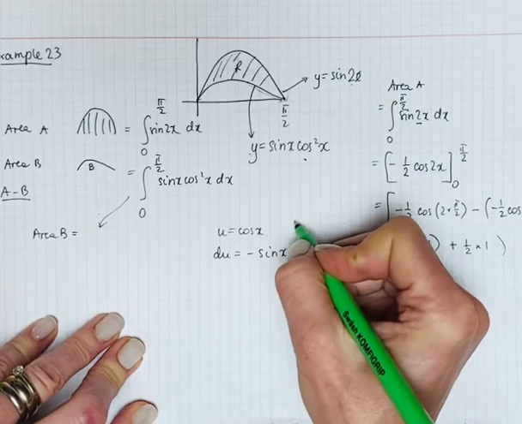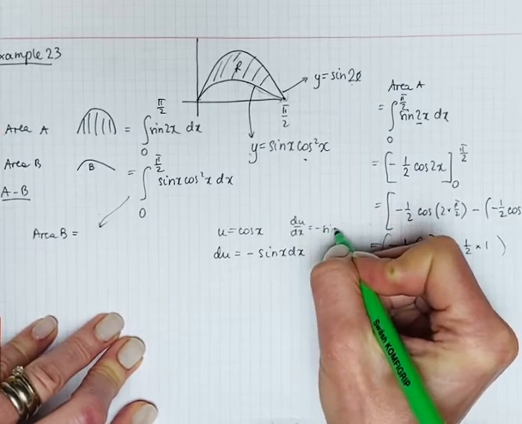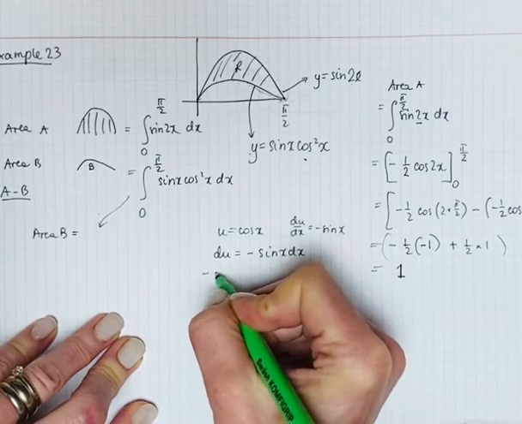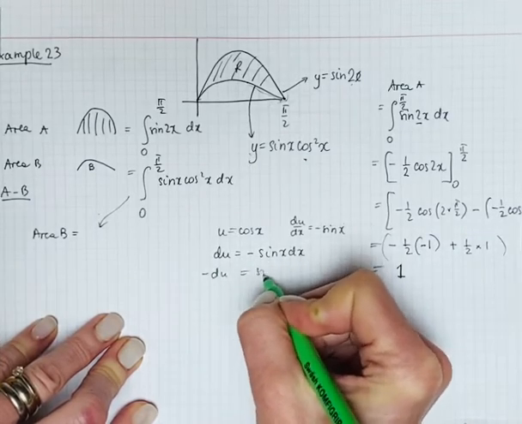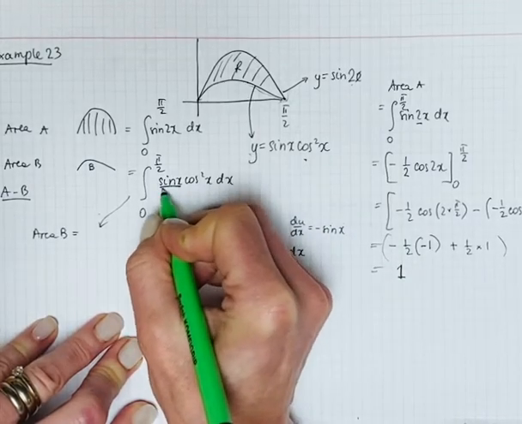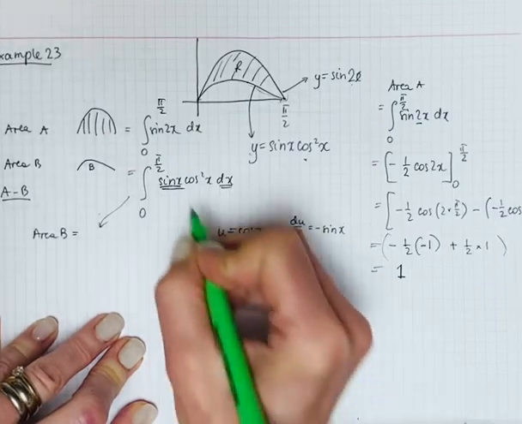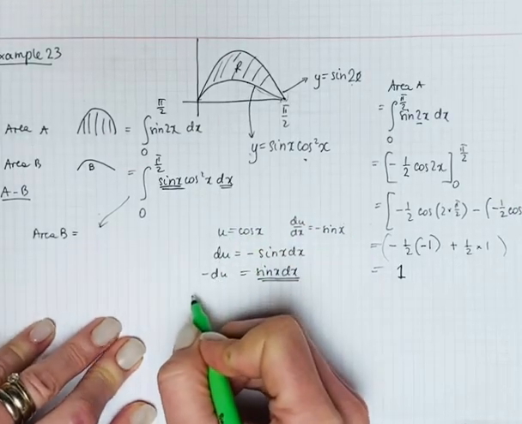Sorry, I've jumped it quickly. du dx is equal to minus sine x. And now you can separate it. So minus du is sine x dx. The reason I've done that, because I could see that I've got sine x times dx here. So all of that can be replaced with minus 1 du.